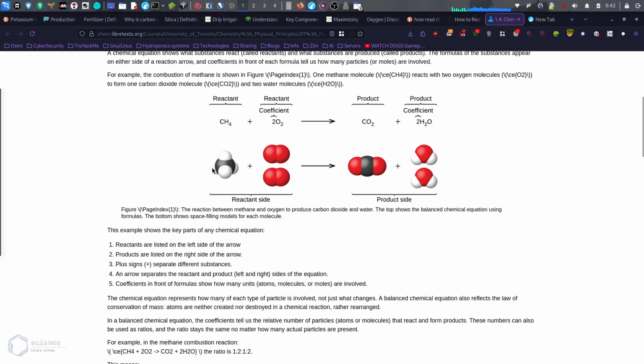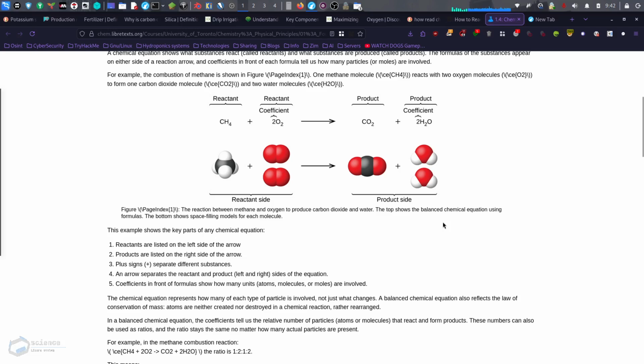Every atom of hydrogen connects to the oxygen by 2, maximum. Fourth, an arrow separates the reactant and product, the left and right sides of the equation.